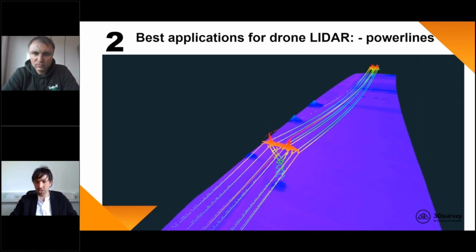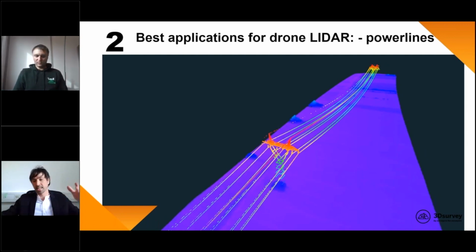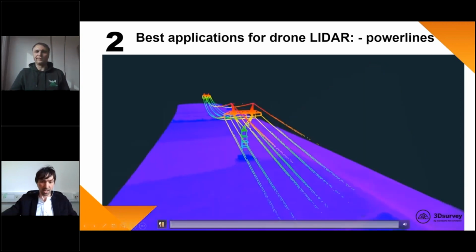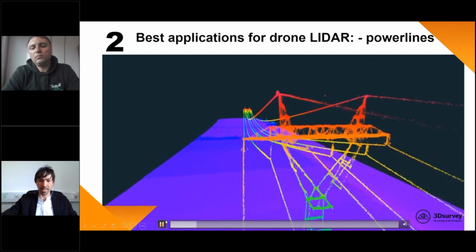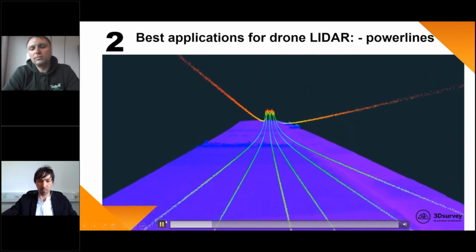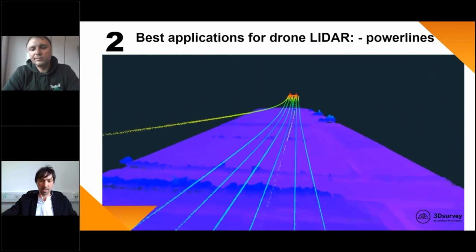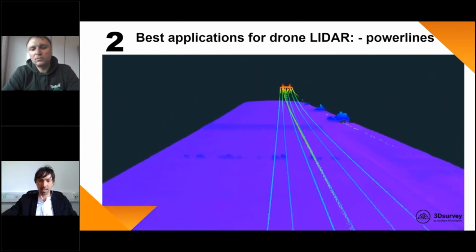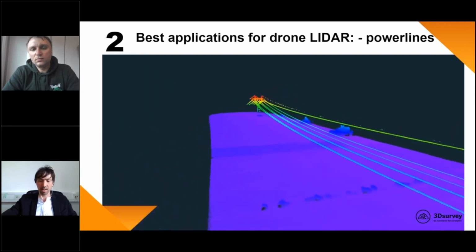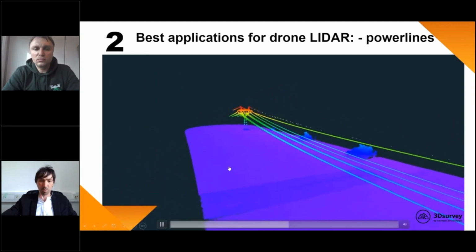And our suggestion is, if you have long power lines to map, let's say 10 kilometers or more, you can easily do this with this application. If you see this video from 3Dsurvey where we import the LiDAR results in our software, you can see that all cables are visible and the power pole is visible.